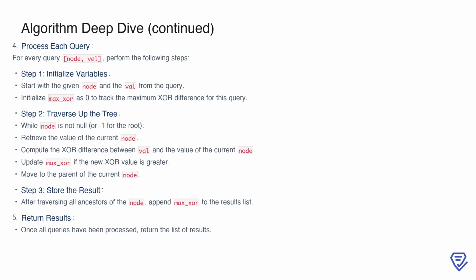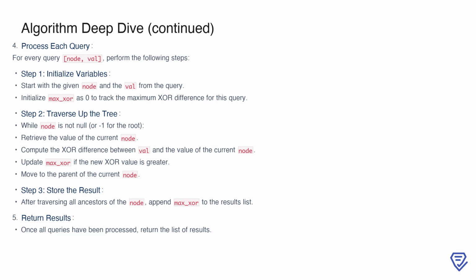Now that we've set up our tree and parent relationships, the next step is to process each query. For a given query (node, val), we begin by initializing key variables. The variable max_XOR is set to 0 and will be used to track the maximum XOR difference for this query. Starting at the specified node, we traverse up the tree to explore all its ancestors.